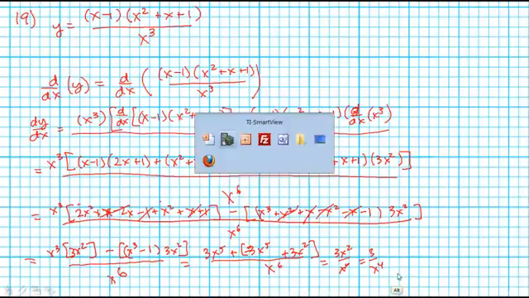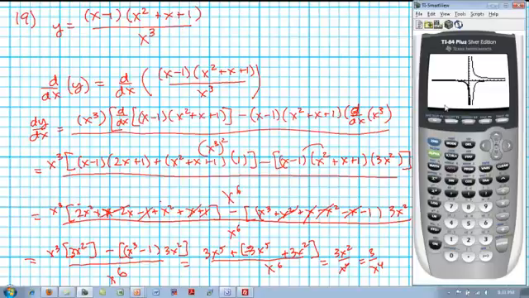And now let's see if we can confirm that graphically. Putting in my original equation, x minus 1 times x squared plus x plus 1, divided by the quantity x cubed, and then I'll put the derivative function 3 over x to the 4th in the bottom.